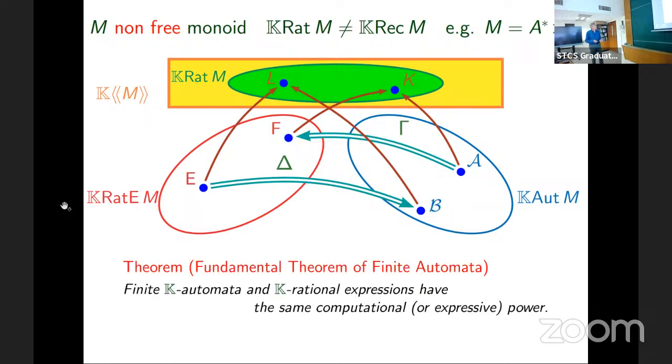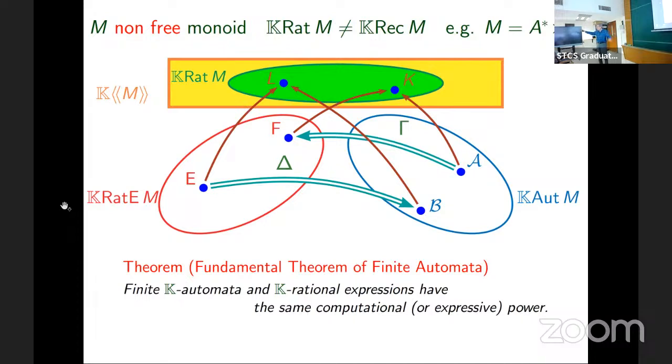So the conclusion of this is that Kleene's theorem, even though it has been stated for free monoids, and in this case it makes sense to call the recognizable sets regular sets, is not the case if you enlarge the scope. But what remains is what I propose to call the fundamental theorem of finite automata: the finite automaton, general as it is, has exactly the same computing power as regular expressions.